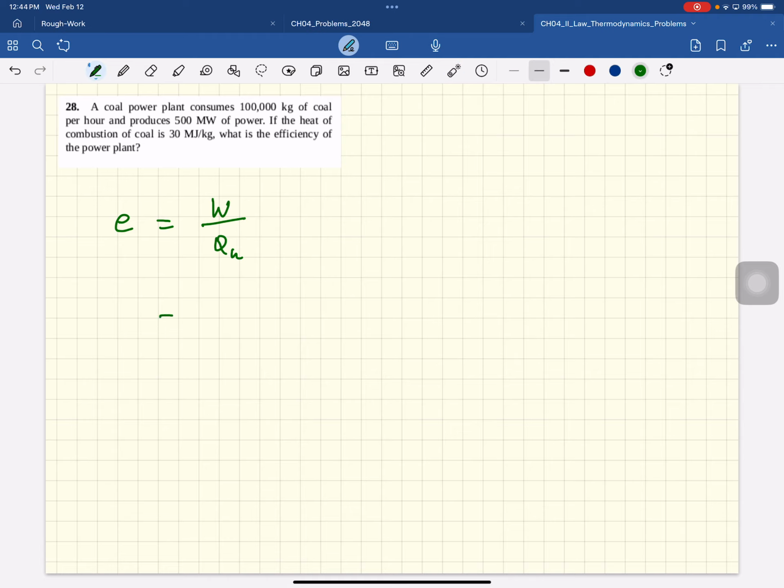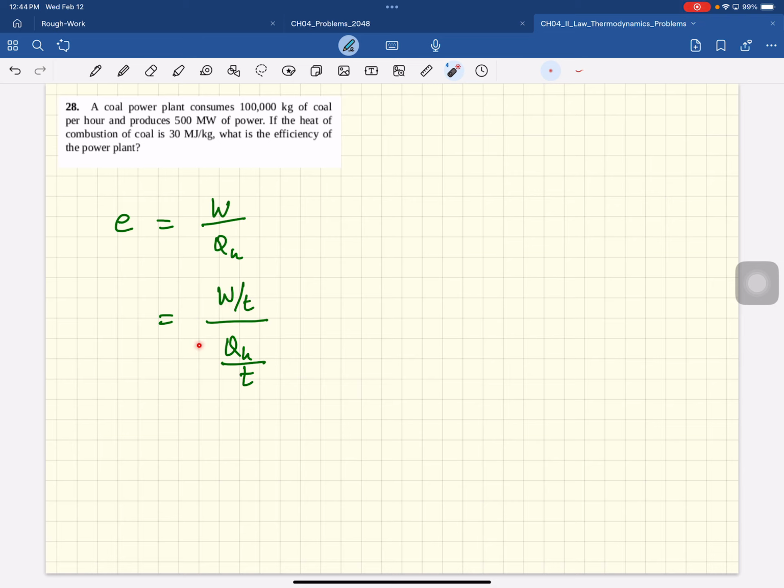So what we really have is the rate at which work is done. Power is work over time, and the heat input rate is QH over time. This guy is 500 megawatts. So let's figure out what this is.